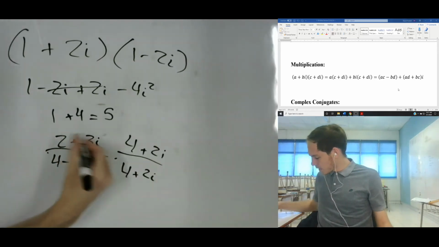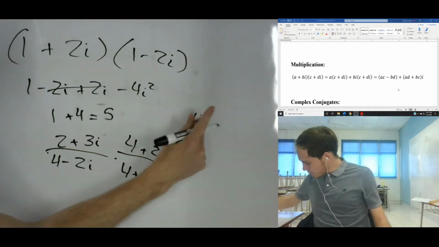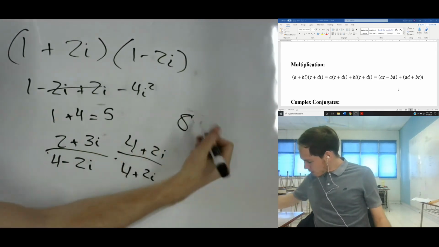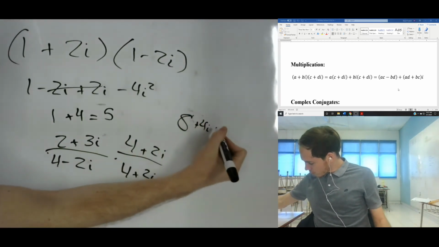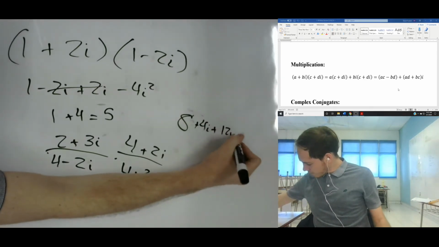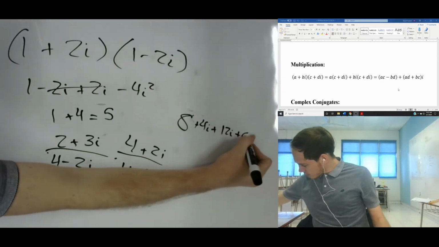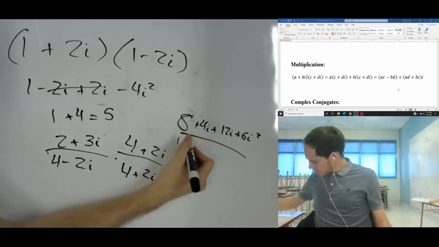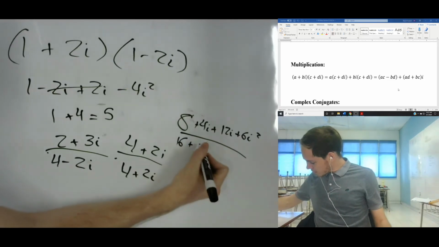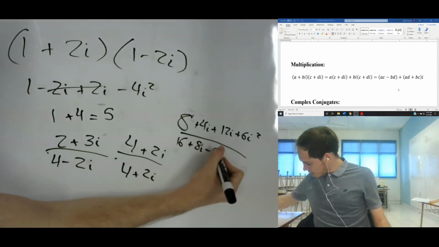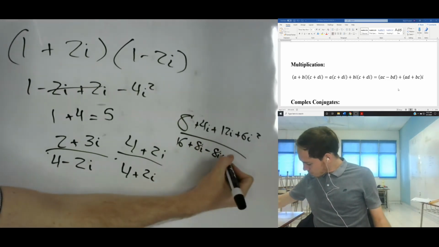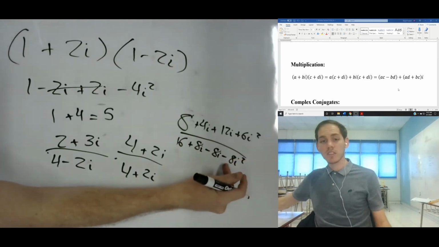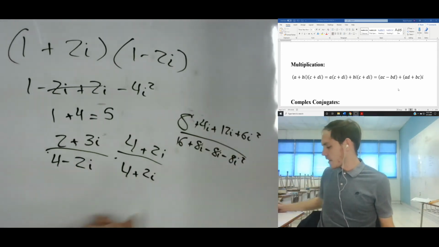So the top would become 8 plus 4i plus 12i plus 6i squared. Bottom would be 16 plus 8i minus 8i minus 8i squared. 8i squared is going to become positive. This is going to become negative.